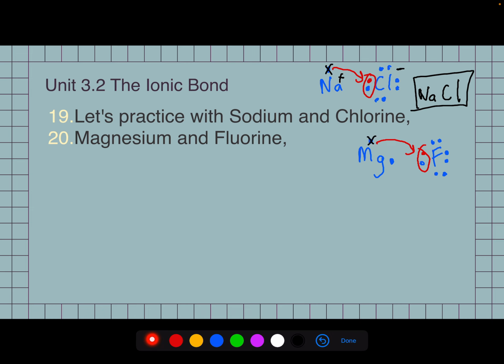That's gone. So, are we done? No, of course not. We draw another fluorine atom because magnesium isn't satisfied yet. 1, 2, 3, 4, 5, 6, and 7. This one is given over here. That makes a bond.